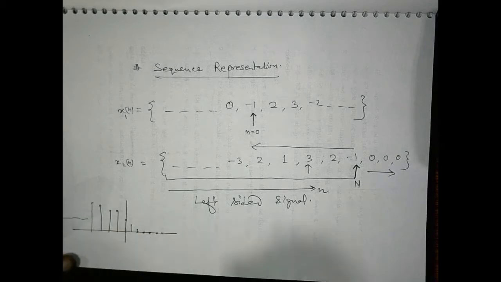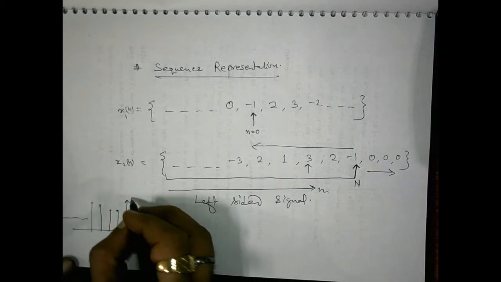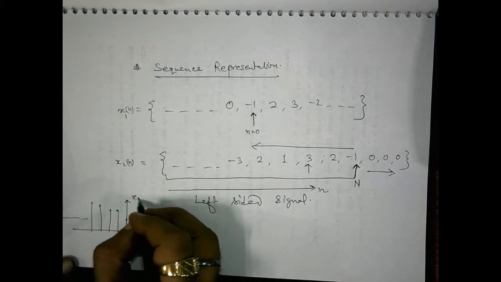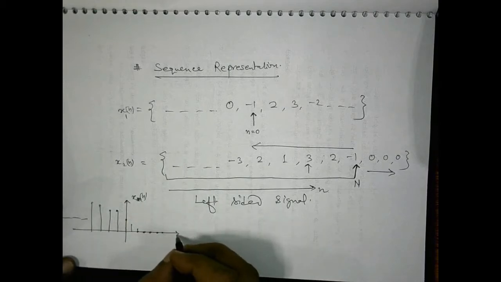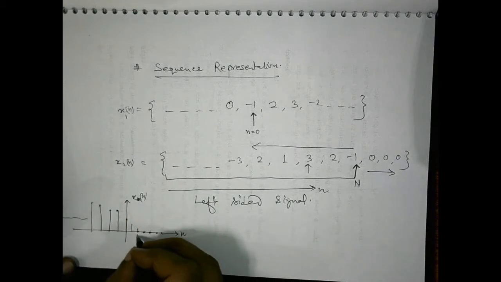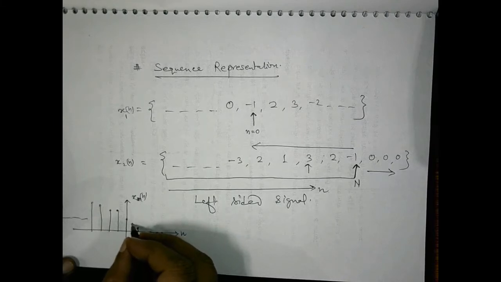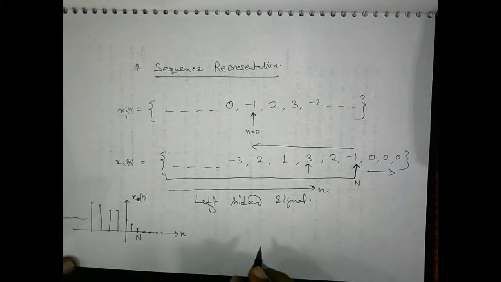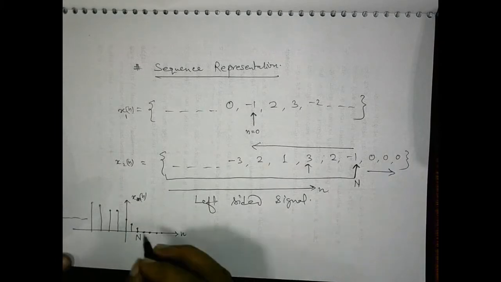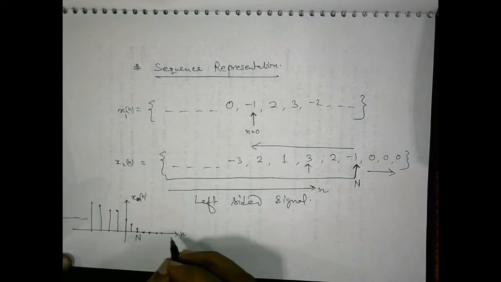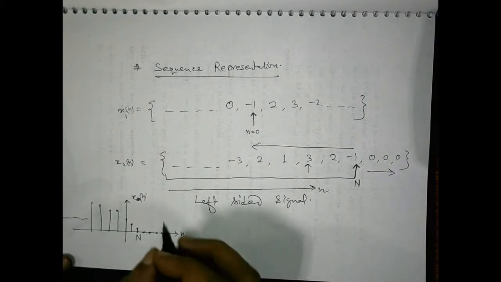So this is a general left sided signal. This is N, and before this particular N we found some signal strength, and just at the right hand side of this we get no signal strength. This is called a left sided signal.